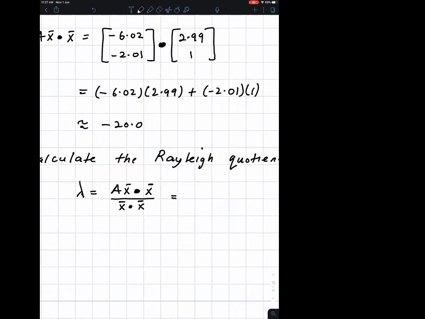That's going to be equal to minus 20.0994 over 9.9401, which is minus 2.01.